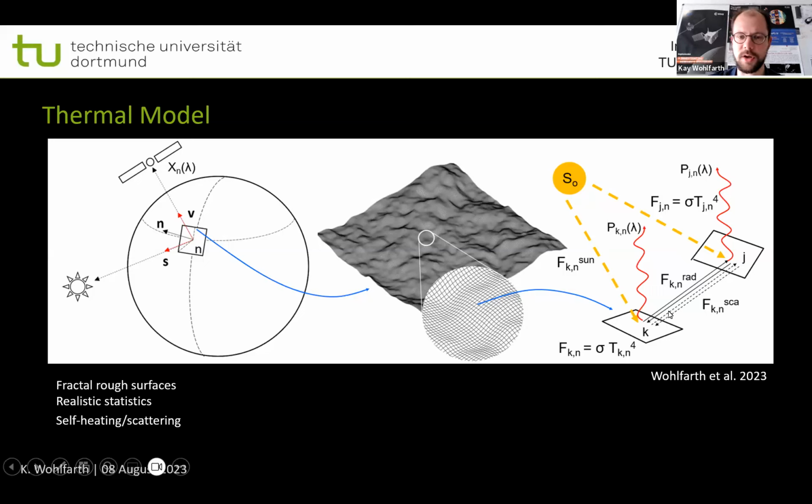That's a very intricate problem where you need a gigantic matrix that basically connects all pixels together. And then I computed the thermal emission that emerges from the surface and implemented a couple of ray traces to get the geometry and the illumination and the viewing conditions right.